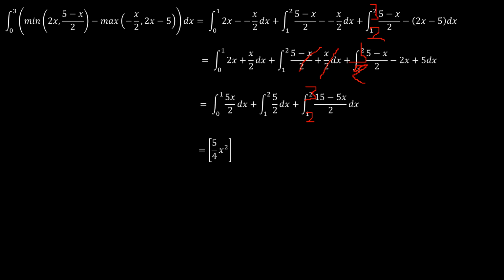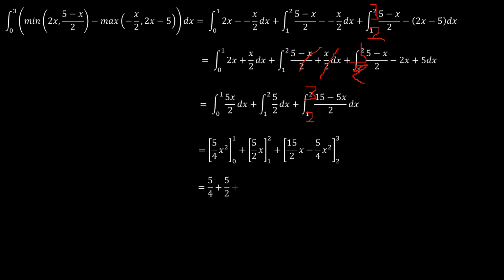And so when you integrate now, you have 5x squared over 4 from 0 to 1, then 5 over 2 x from 1 to 2, and then 15 over 2 x minus 5 over 4 x squared from 2 to 3.